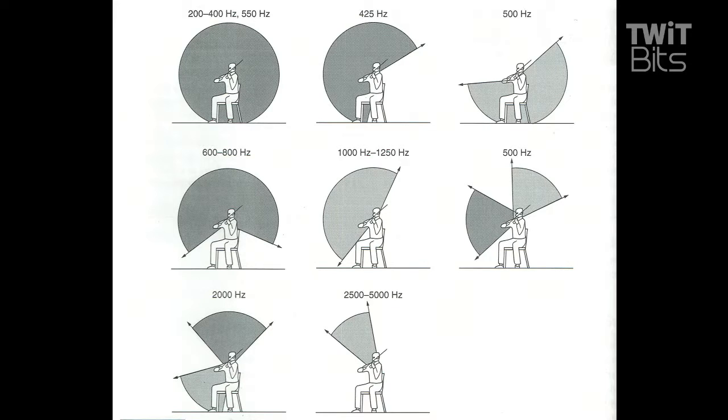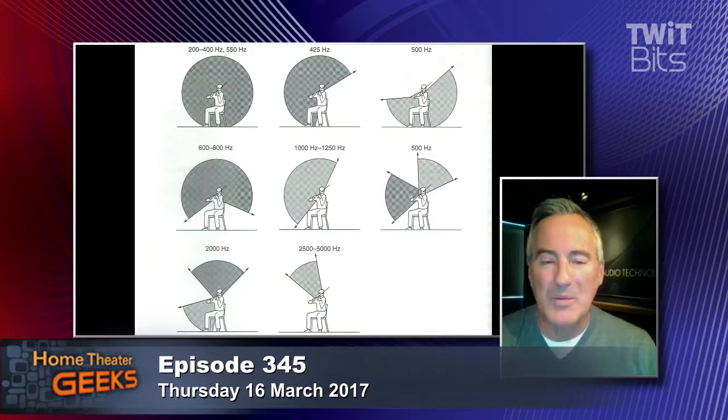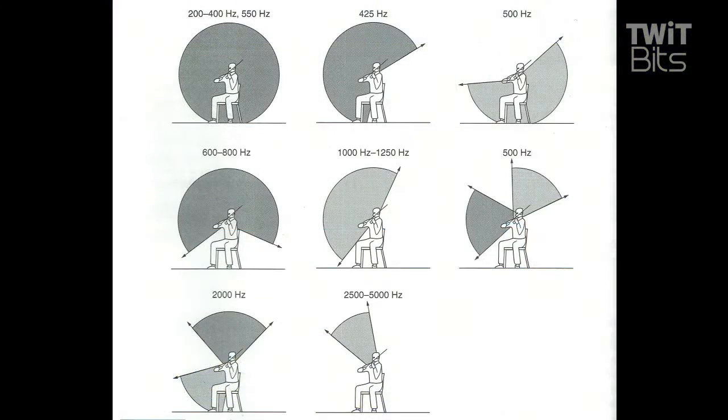In the low frequencies, loudspeakers are small compared to the wavelength, so the sound comes out, wraps around the box, and radiates spherically, omnidirectionally out of the speaker. Now, as we increase the frequency of the sound reproduced, the physical dimensions of the loudspeaker or violin start to dictate where the sound goes. You can see in the lower right graphic the high frequency content coming off the violin, 2500 to 5000, largely radiates perpendicularly off the soundboard of the violin.